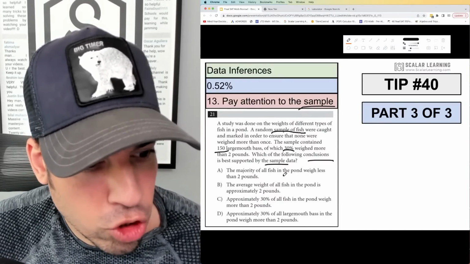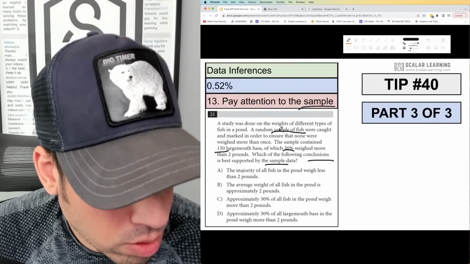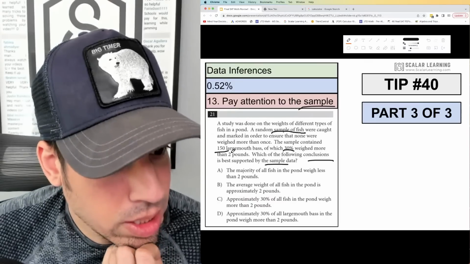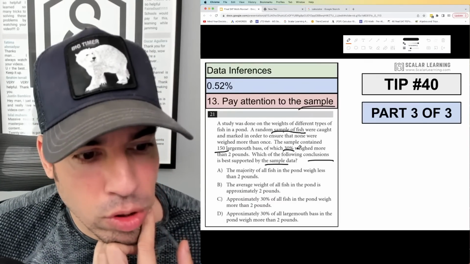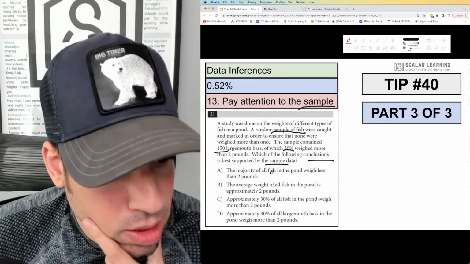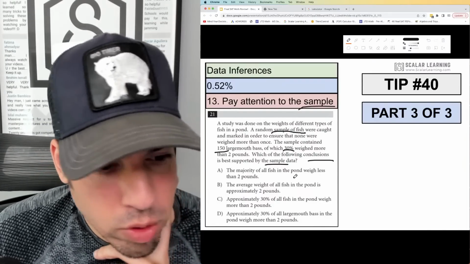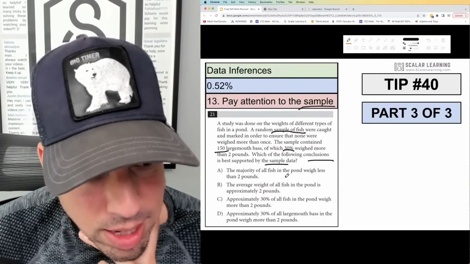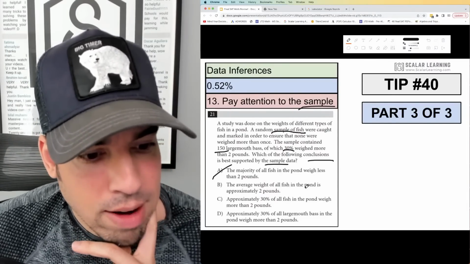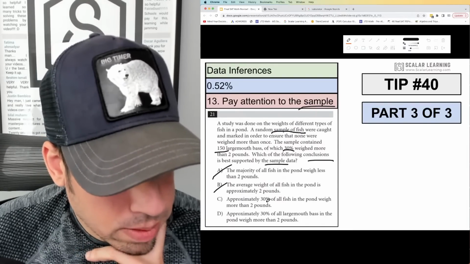So the majority of all fish, I don't think we can say that because they're only talking about the largemouth bass.